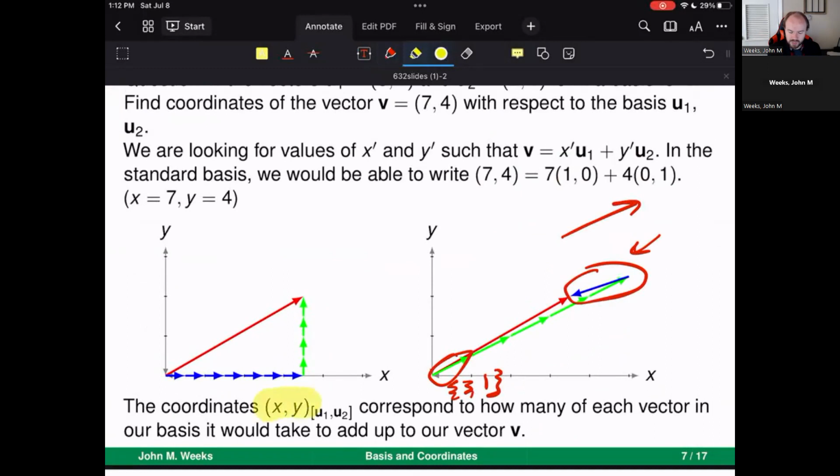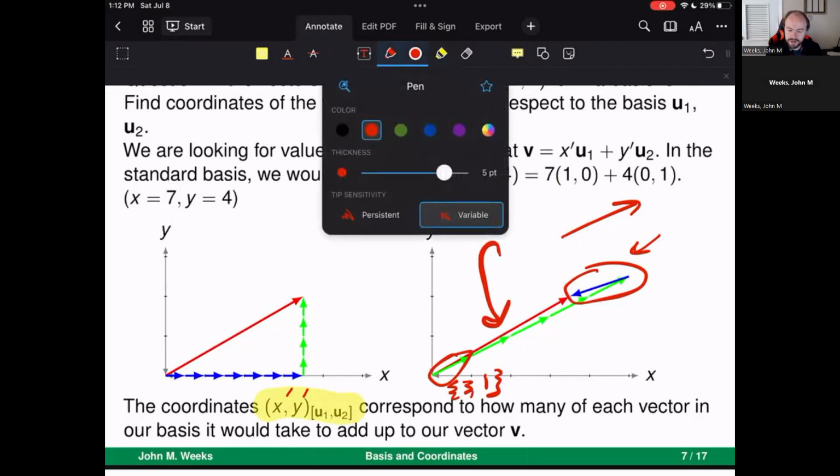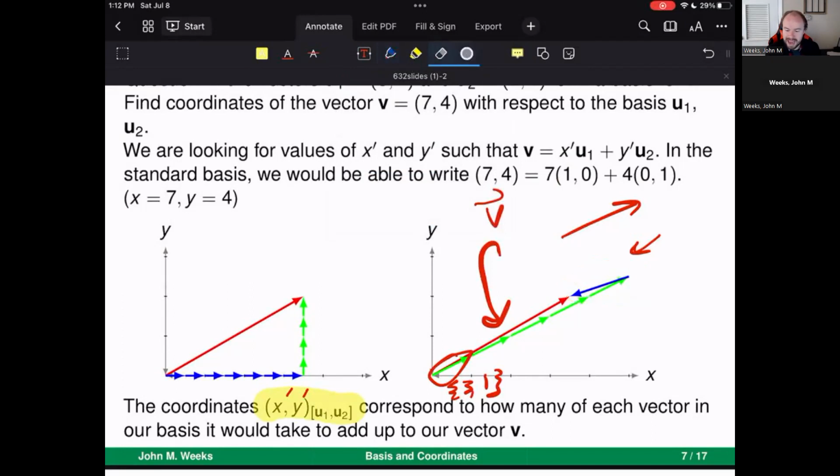So the coordinates x, y, or x prime, y prime, as we've been calling them, correspond to how many of each vector in our basis it would take to add up to the vector v. So v is the thing in red, and then we have each of these other vectors that are added up, some linear combination of them. This is in terms of u2.